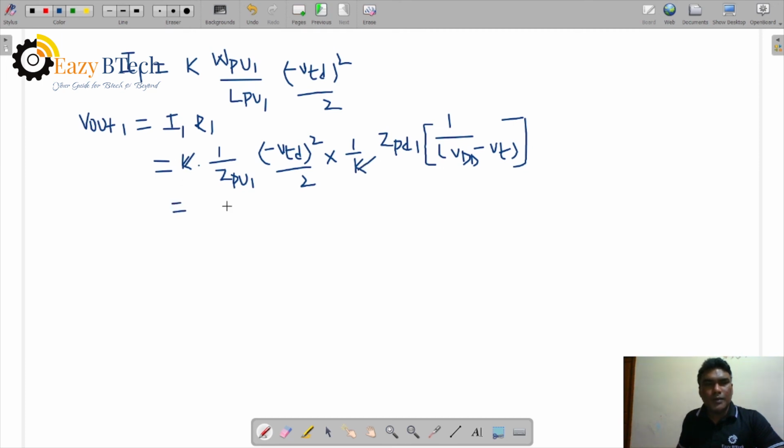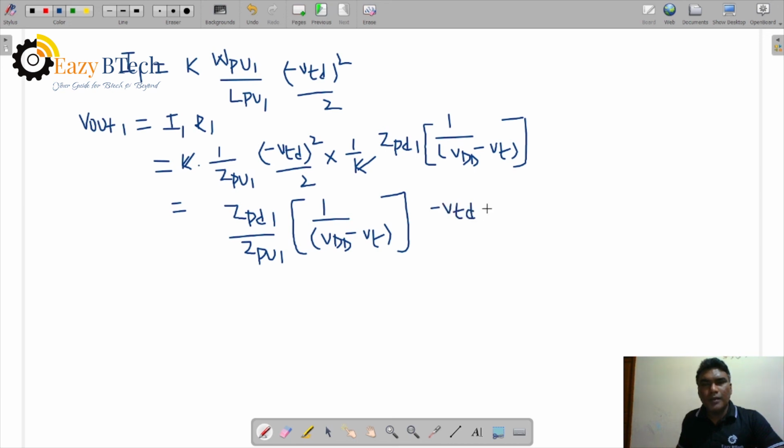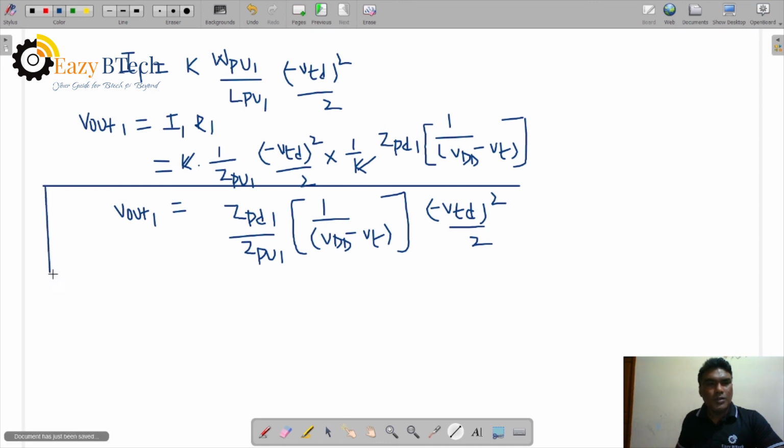We can write this as Z pull down 1 by Z pull up 1 into 1 by VDD minus VT into minus VTD whole square by 2. This is V out 1. So keep it in a box.